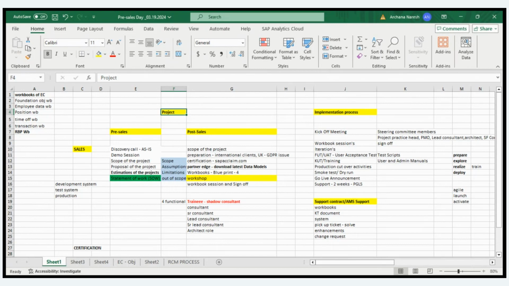Okay, now the salesperson will get in touch with the practice head of SuccessFactors. Will say, hey, we have got a lead and they want to have a call with us. So you need to arrange some technical lead who can talk to them.